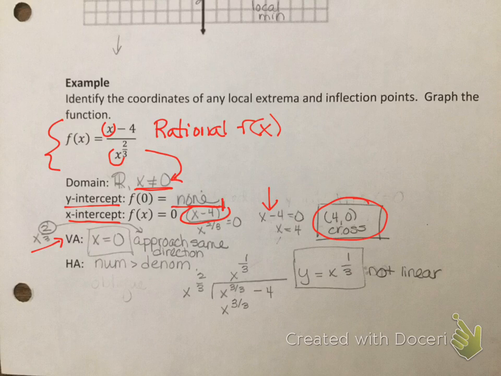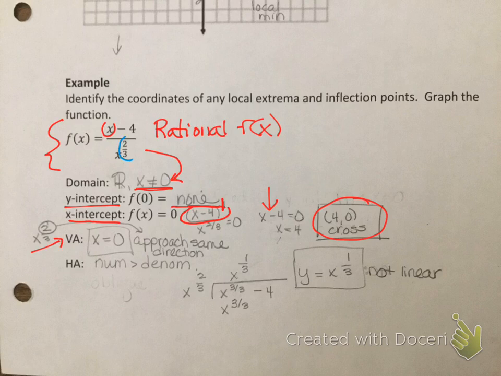Now, I need to point out something to you here that we haven't talked about before. You know that you need to look at the degree of the exponent in the denominator when you're trying to determine whether your sketch approaches the vertical asymptote from the same or opposite directions.